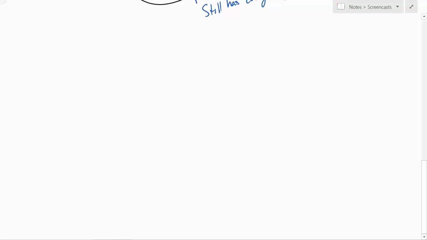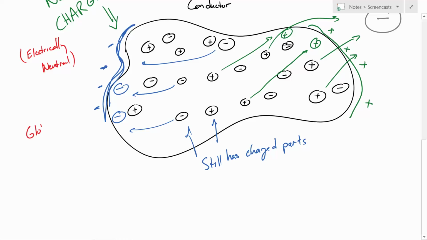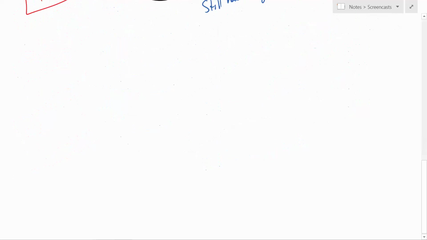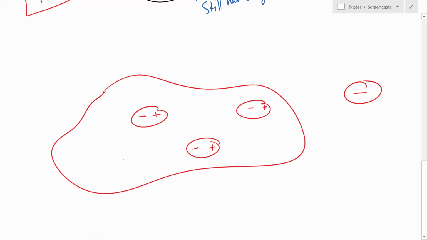Now in an insulator we said a similar thing happens, but instead of the charge going globally, so we would say this is maybe global rearrangement of charge, in an insulator we said that this would happen locally. So in an insulator, we again have a negative thing over here. We're going to wind up with something that looks like this, where locally all of these things are trying to do the same thing, but they can only do it in a limited small space.